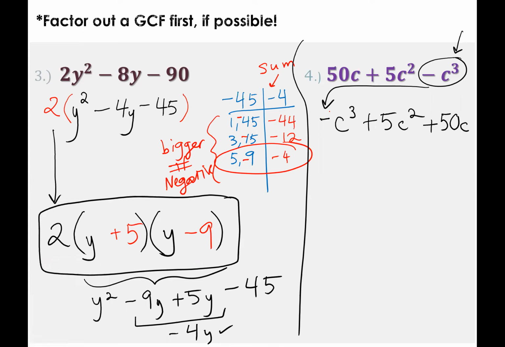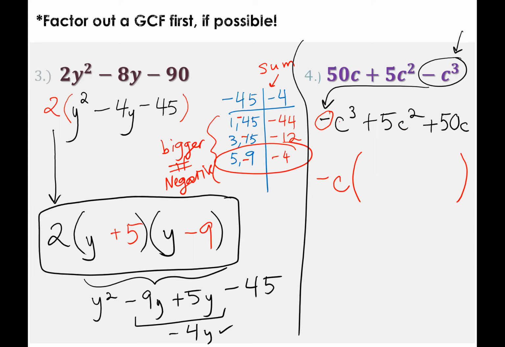But because it starts with a negative, whenever your expression starts with a negative coefficient, plan on factoring out a negative. So not only are we factoring out a c, we're going to factor out negative c. We've done this before, factoring out negatives. That's just going to mean we're about to change the signs of the terms as we fill in our parentheses.